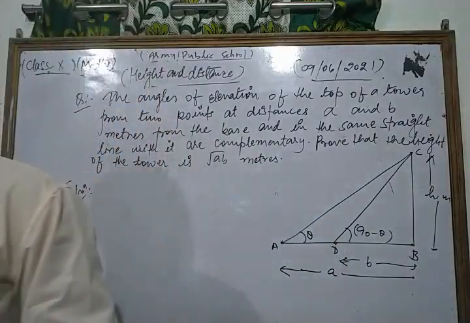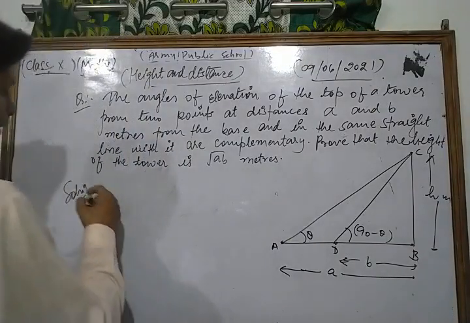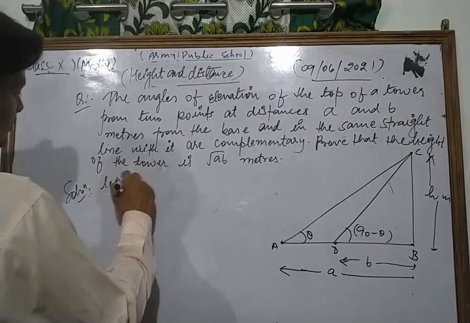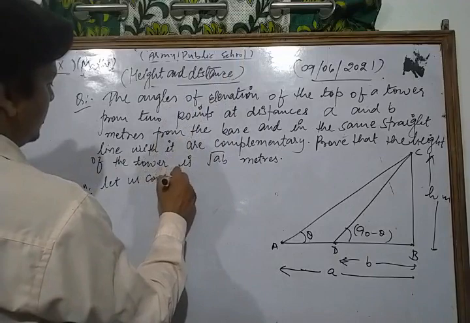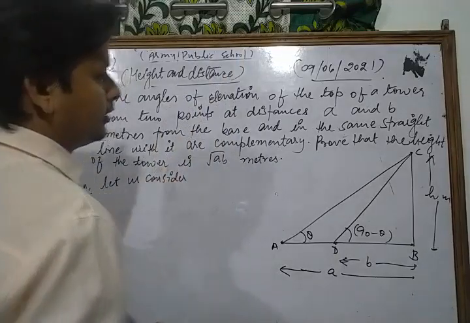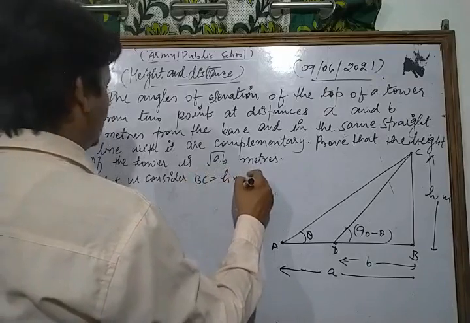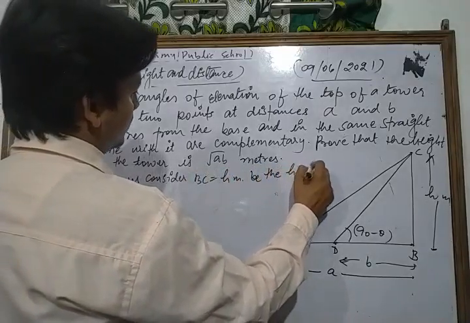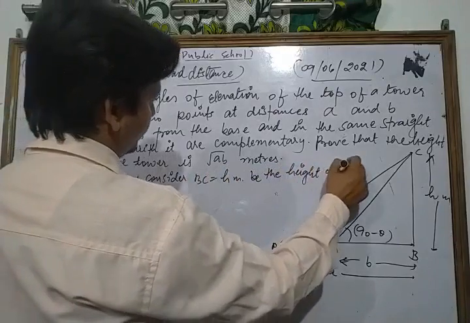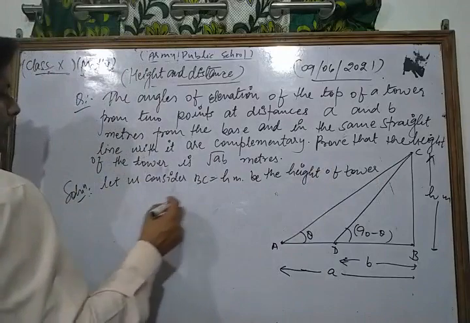So this is the complementary. So here let us consider BC equal to H meters, the height of the tower.